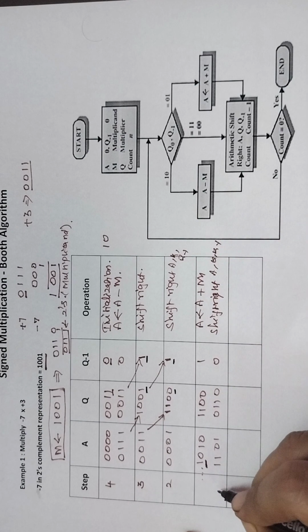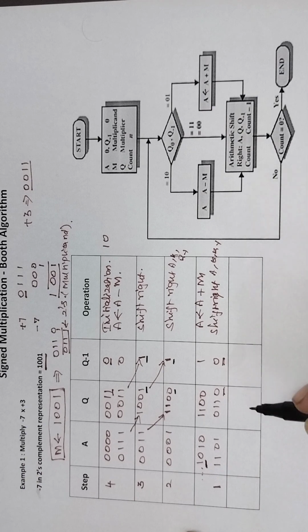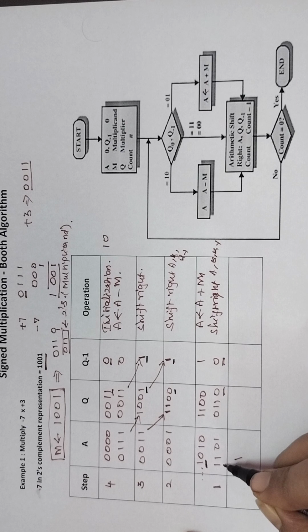When we are doing the shift right operation, the count is decremented by 1. Again, checking with the count value, if it is not equal to 0, then we repeat the same process, checking Q0 and Q minus 1. Both are 0, so we just have to perform the shift right operation. This is the sign bit, so the sign bit extension will be like this.